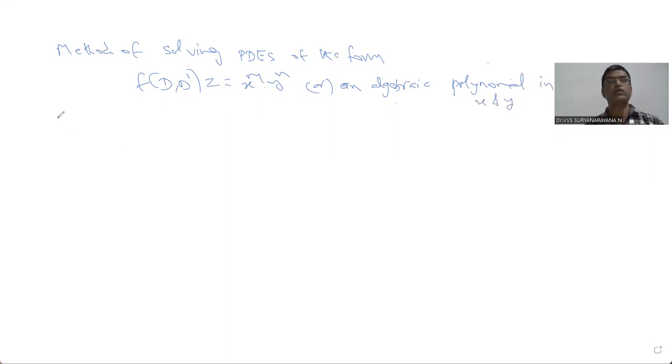So the method is, as usual, step 1 contains the complementary function.